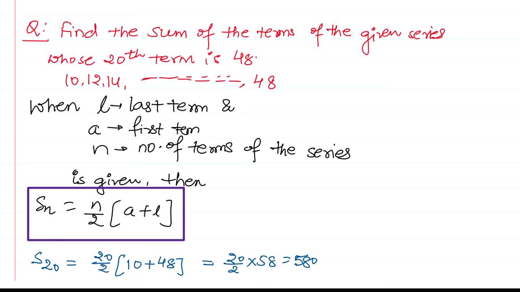So n by 2, that is 20 by 2, a is 10, and l is how much? 48, because the last term is 48. 20 divided by 2 is 10, into 58, that gives me the answer as 580. And if you want to see what the answer was in the previous question, you can check that it is 580 only.